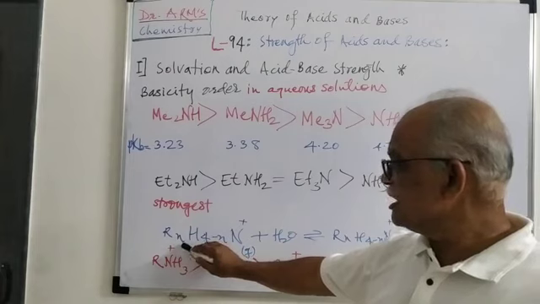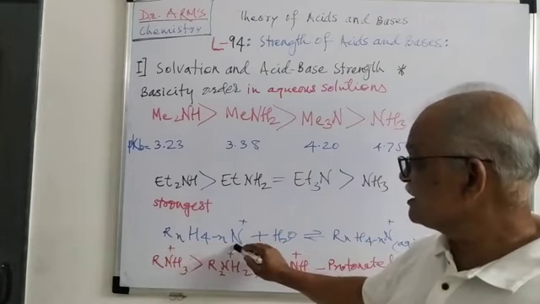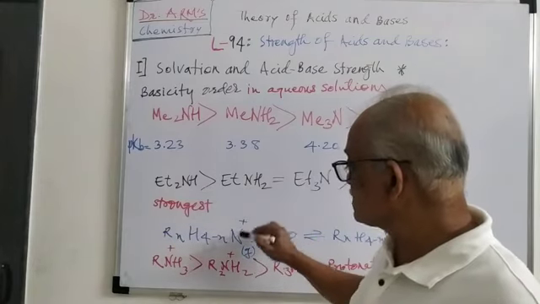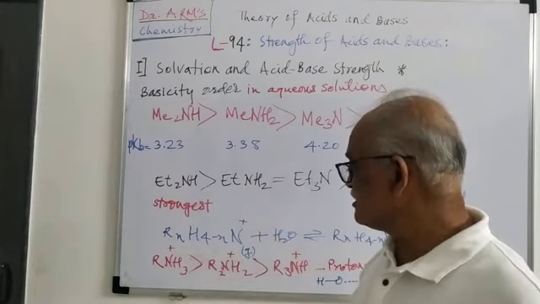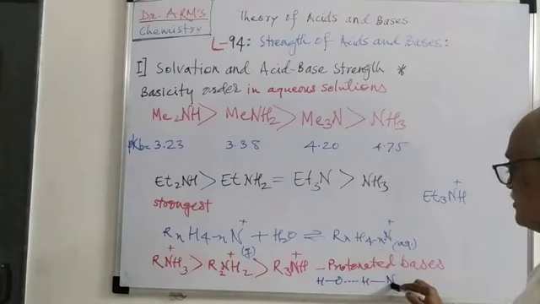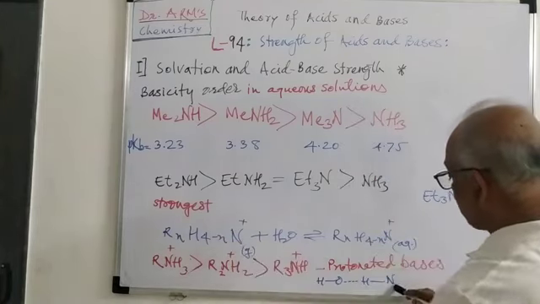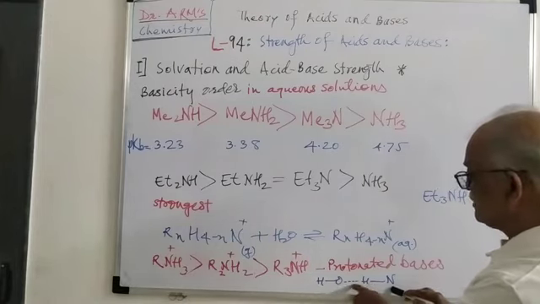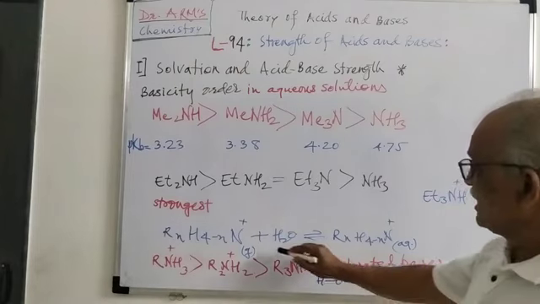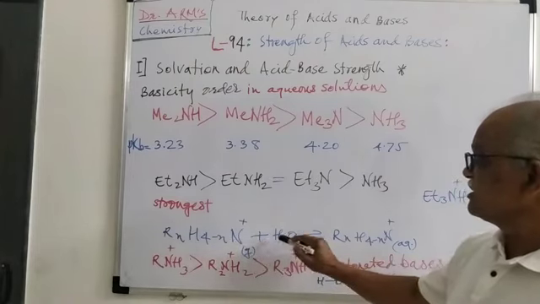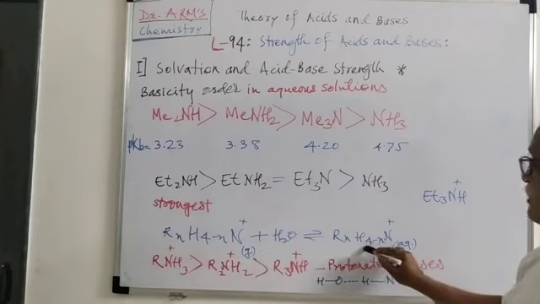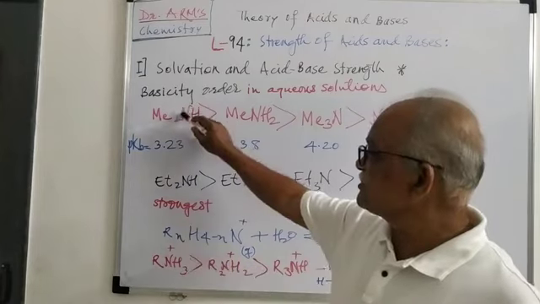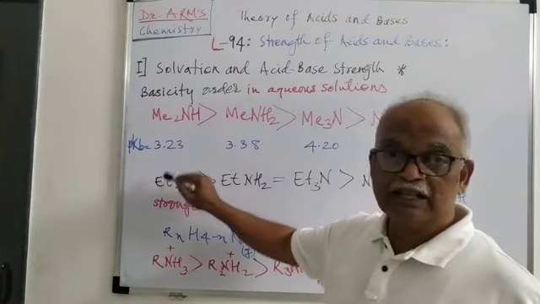This is the general formula of the protonated base. Protonated base means when the base is dissolved in water, the proton of water shows attachment or hydrogen bond formation like this. So nitrogen gets hydrogen bonded with the water molecule like this. This is in the gaseous state, but when it is dissolved in water, it gives this protonated aqueous solution, in which these are considered as R, alkyl groups.